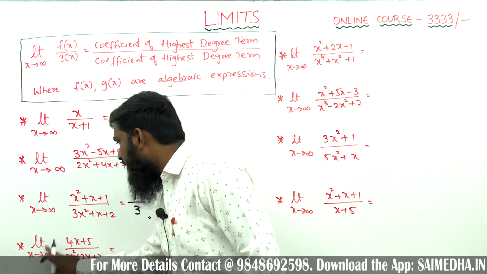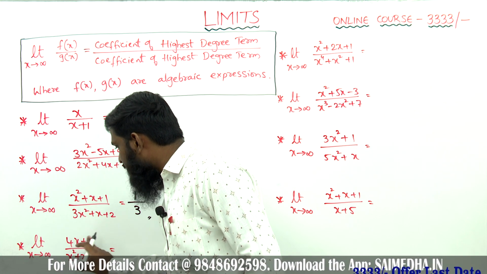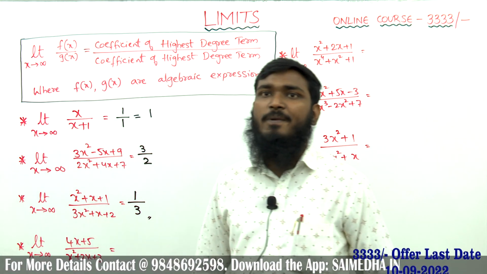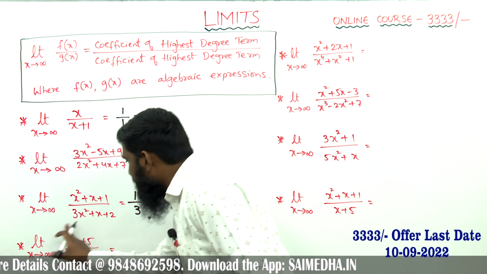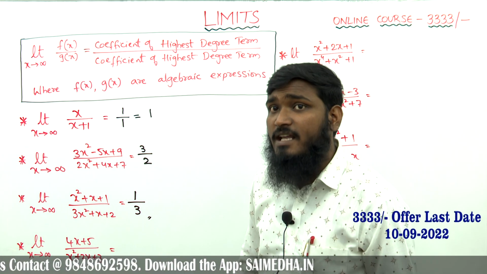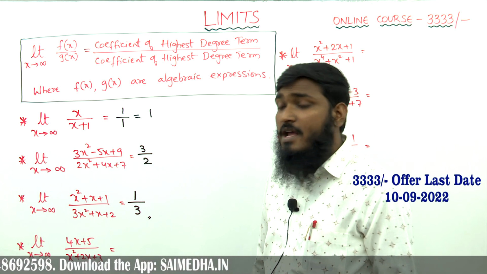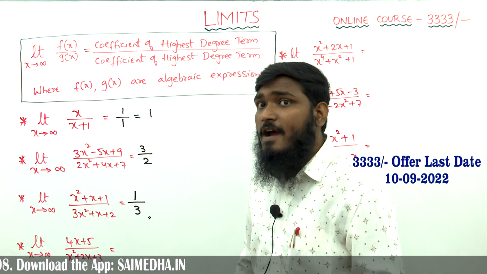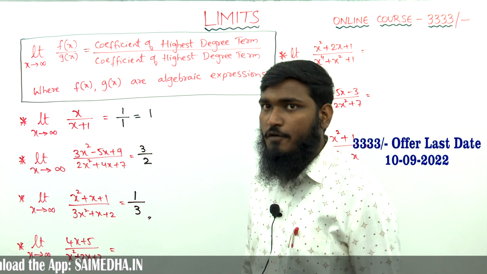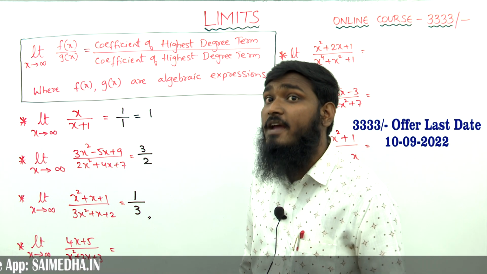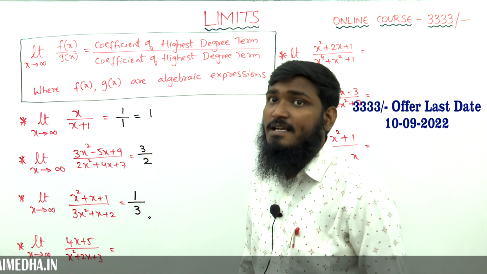Now next part, limit x tends to infinity, (4x plus 5) divided by (x square plus 2x plus 3) is given. Now from this complete question, what is the highest degree we are having? Highest degree means x square. Yes or no? If it is x square, then what we have to do? We have to select the coefficient of x square from both numerator as well as denominator.